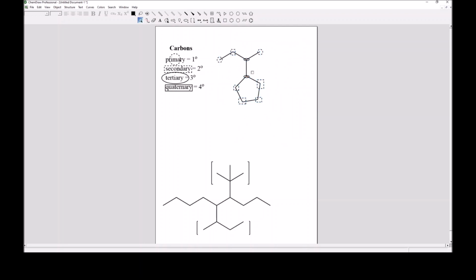And then there's one substituent coming off of this. We determine what the substituent is by looking at the carbon that's directly connected to the parent chain. And this carbon right here is tertiary. The substituent is always one less than that. So this is a secondary substituent.